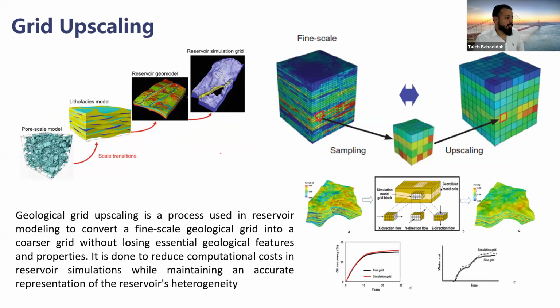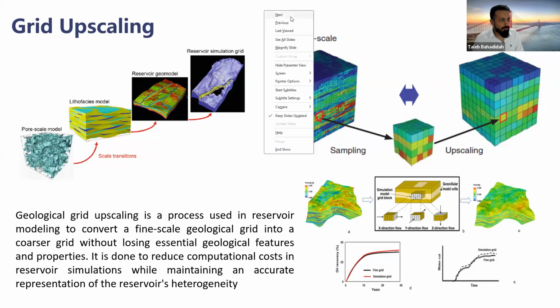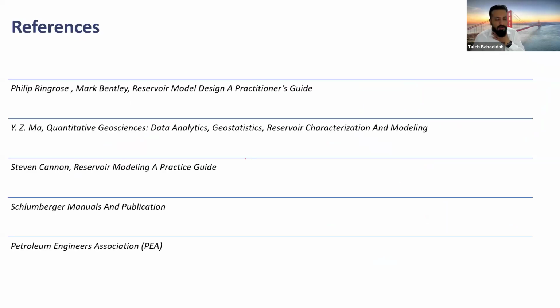So geological grid upscaling is the process used in reservoir modeling to convert the fine scale geological grid into a coarser grid without losing any essential geological detail. You need to be careful. You don't do upscaling blindly. You need to do certain analysis so that you maintain the accuracy and the representation of the reservoir heterogeneity.